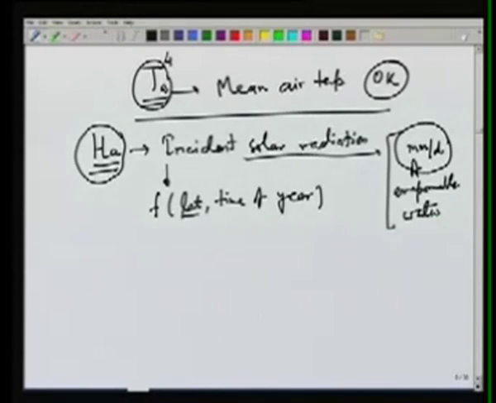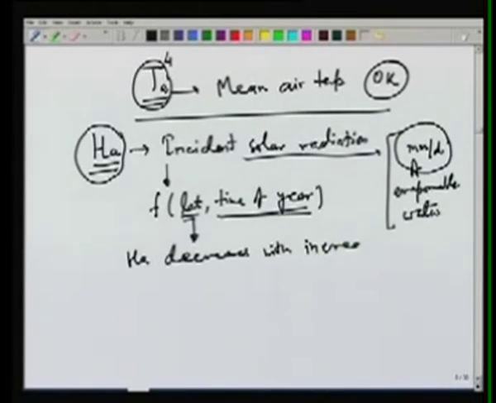Function of latitude and time of year, as we have discussed already, HA decreases with increase in latitude. So at 0 degree it will have a higher value, then 10 degree north, 20 degree north it will have a lower value.